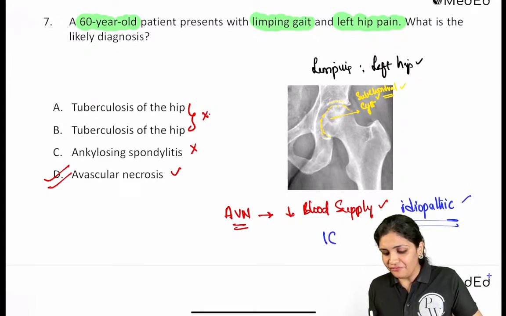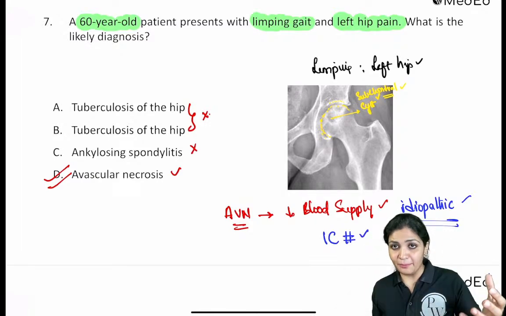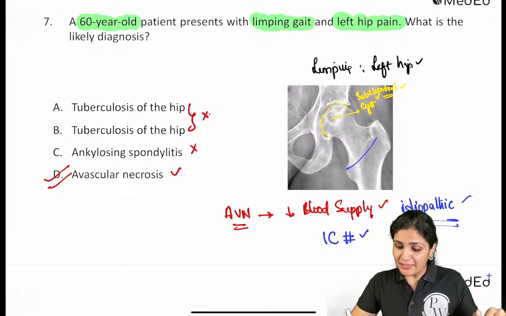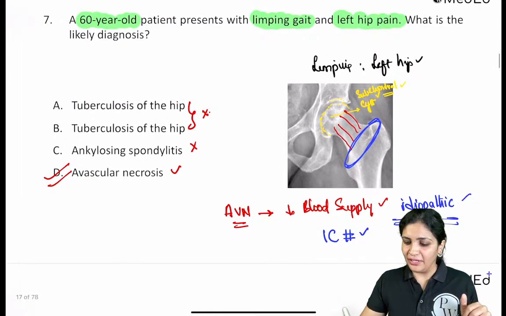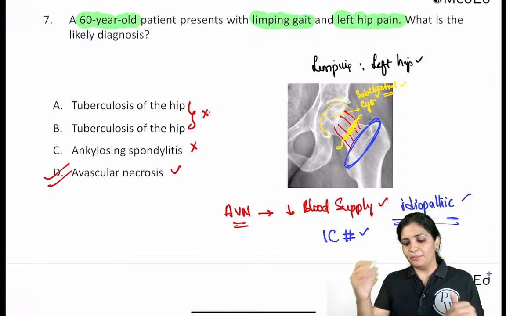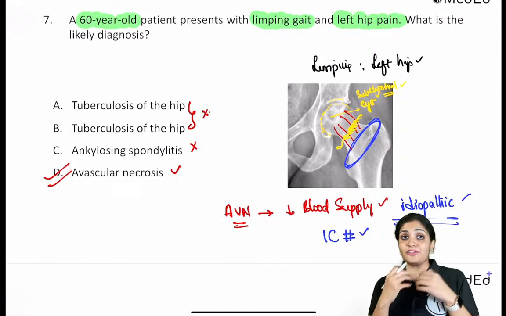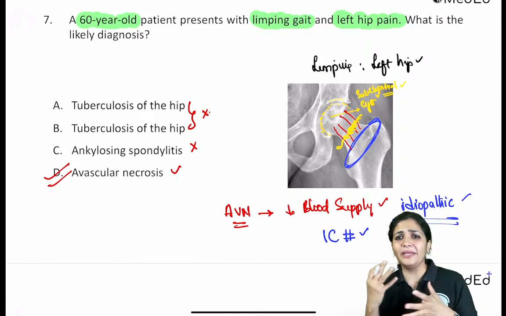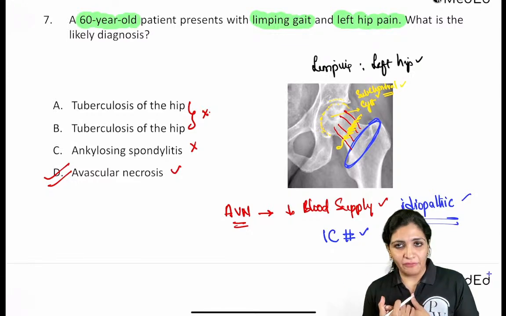But in case of a fracture, there is a cut of blood supply to the part, because if you remember, the blood supply is something like this, there's a circle, and then the blood supply goes along the neck to the head, right? So whenever there is a fracture right away on the neck like this, there is a cut of the blood supply to the head, and now this head goes into avascular necrosis. But in case of a 60 year old patient, degeneration. This could be degenerative arthritis which resulted idiopathically into the avascular necrosis.